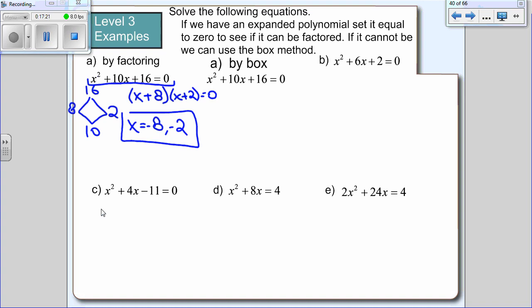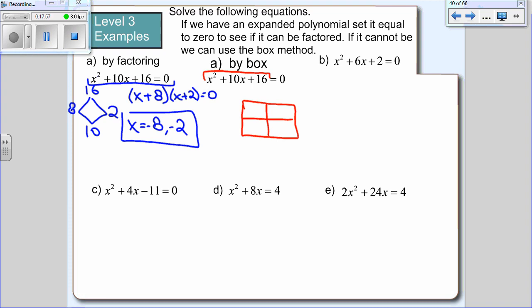The second way to do this is called the box method. The first thing you're going to do on the box method is draw a box. And that box has a little window in it, just like that. And what you're going to try to do is turn this quadratic into 2 binomials that are the same binomial. And that's what the box method is going to do for us. So what you're going to end up doing is asking yourself some questions.